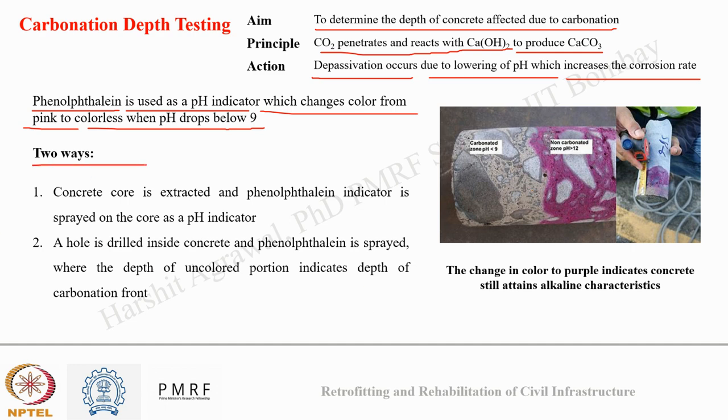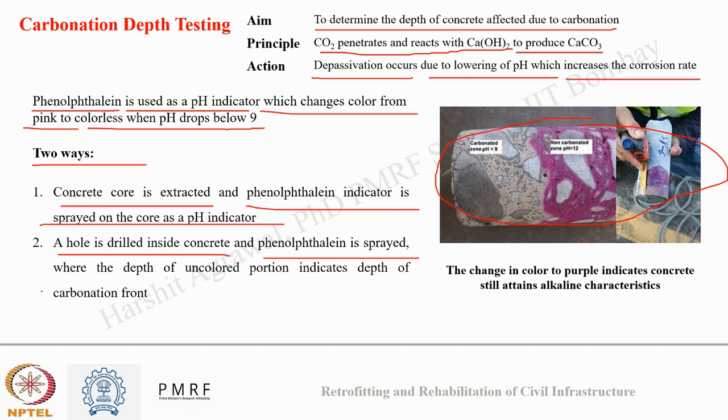Either we can collect a concrete core from the structure, spray phenolphthalein on it and see the depth of carbonation, like in this image. Or we can drill a hole inside the concrete, spray phenolphthalein, and record till the depth where it is an uncolored portion. That uncolored portion depth will give us the depth of the carbonation front.